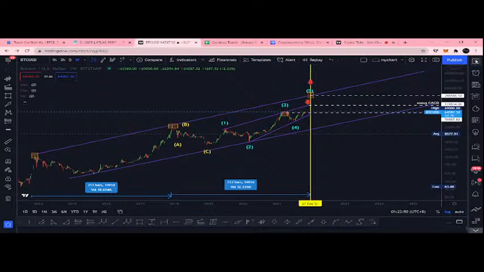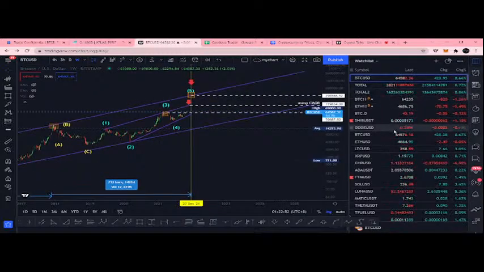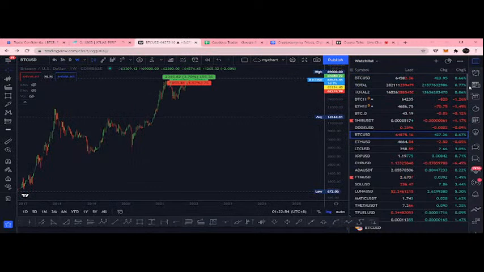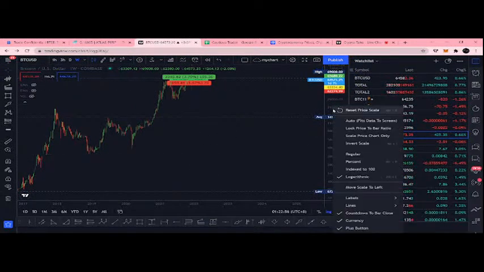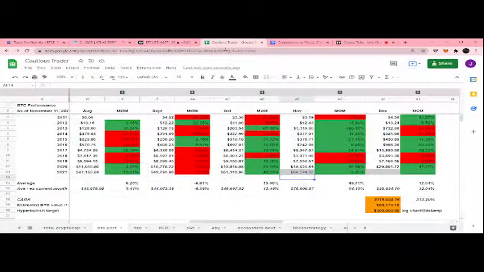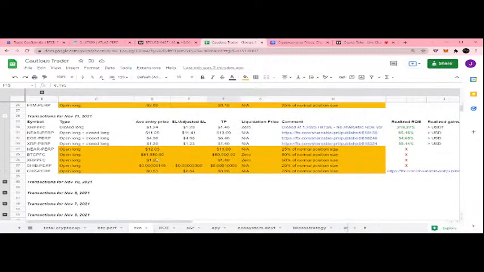So let's go back to the short-term trade. I'm still maintaining the one that I bought at 64,950, which you can see here. I remember, yeah, 64,950.